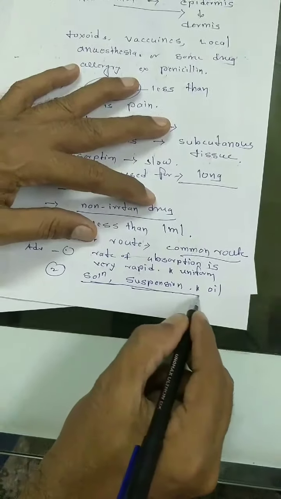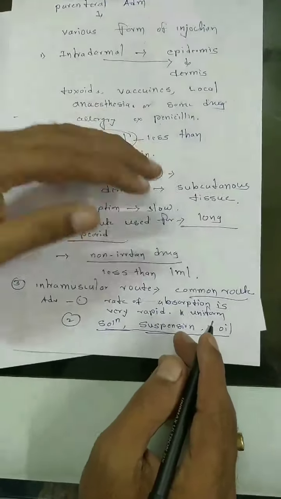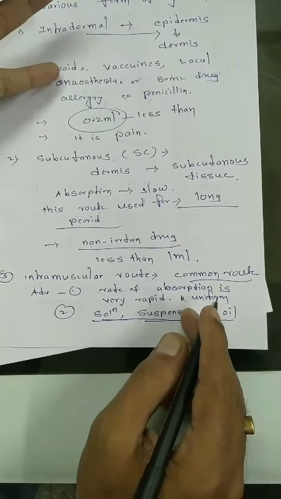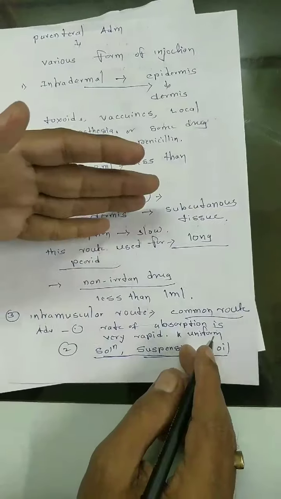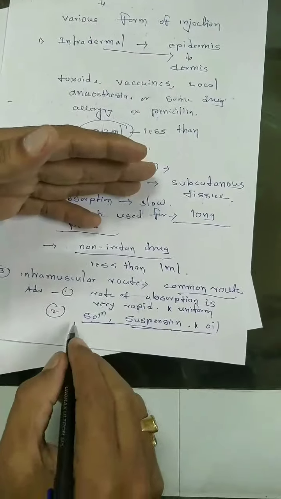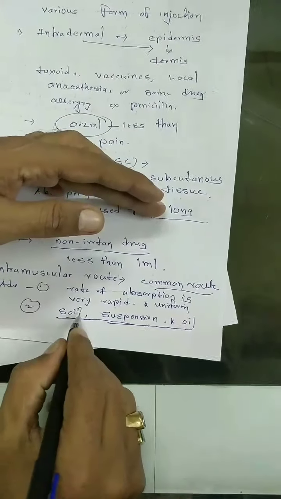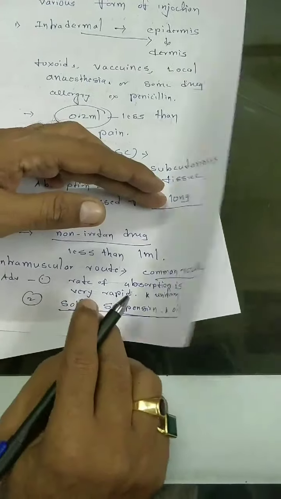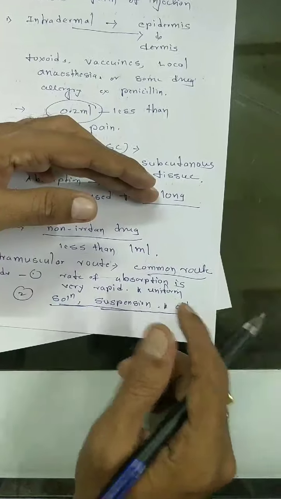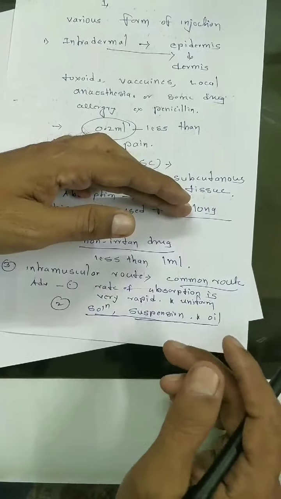It's important: different routes are used for different purposes. Earlier, for example, intradermal is used for toxin, vaccines, local applications. Subcutaneous is used only for non-irritant drugs. Now intramuscular you can use commonly for all drugs. Solutions are clear. Suspensions, shake well after use, so the solid particles do not settle.